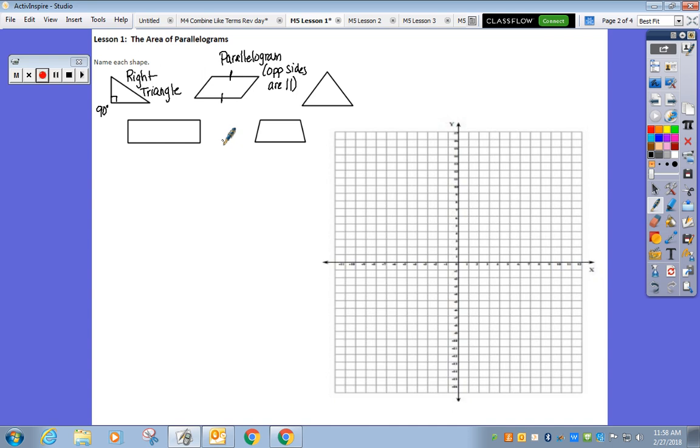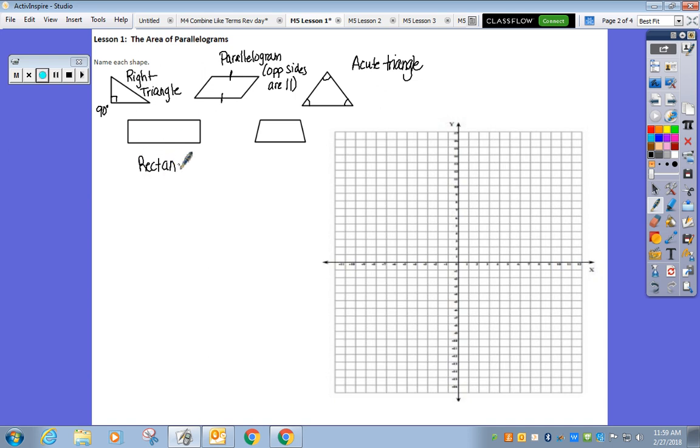Now the next figure is also a triangle. This triangle, if we look at all of the angles, they're all what we call acute angles, angles that are less than 90 degrees. So we call this an acute triangle. Okay, and then the next one we have, hopefully you recognize, this is a rectangle.